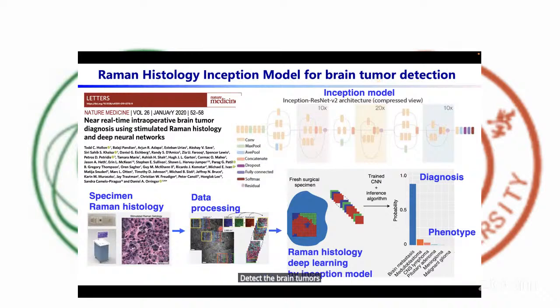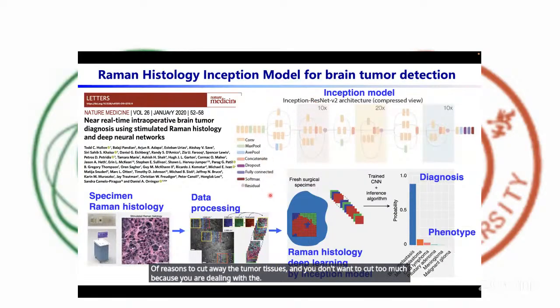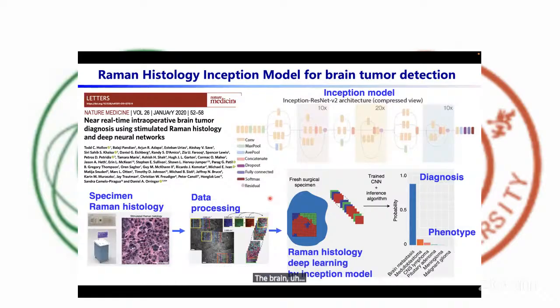This is particularly useful when you do operations to cut away the tumor tissues, and you don't want to cut too much because you are dealing with the brain, but you don't want to leave any tumor cells in the brain. Essentially it can be fatal, right?